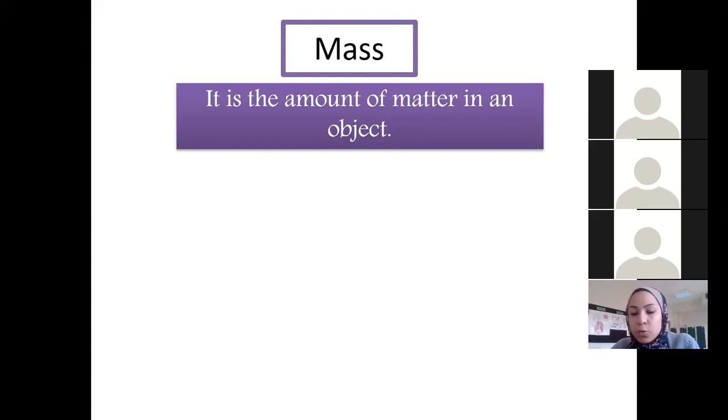It's just the 30 books and they will stay the same wherever you go. If you travel to the moon, if you travel to Mars, if you are still on Earth, if you went to Alexandria, if you went anywhere, as long as you have those 30 books inside your bag, your bag will stay the same. The amount of books inside your bag will stay the same.